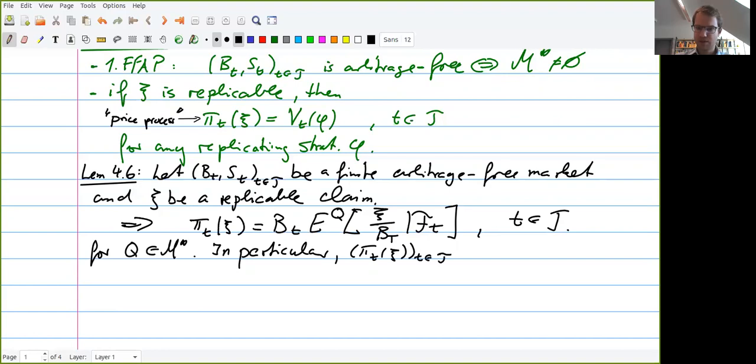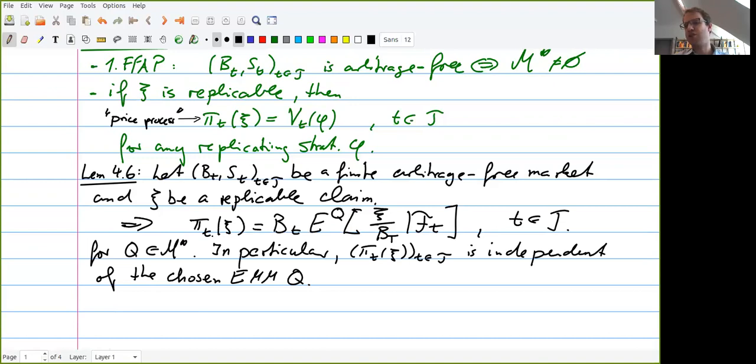Just to write down what I said, as this is important to note for the future: the price process is independent of the chosen equivalent martingale measure Q. So even if you have a general arbitrage-free financial market, where there might be a convex set, so infinitely many martingale measures, it doesn't matter which one you pick. In order to price your replicable option, this will always give you the same result.